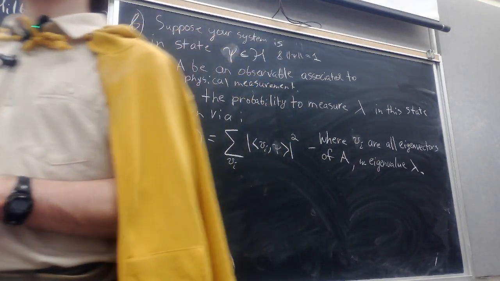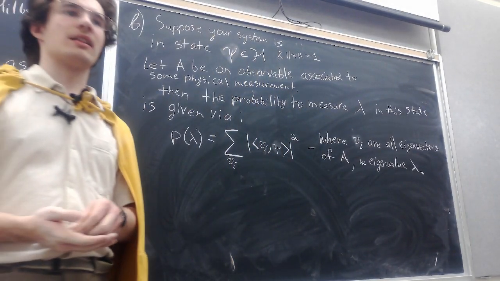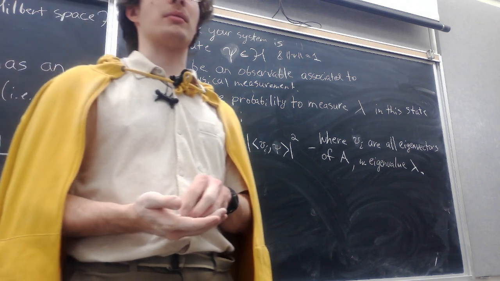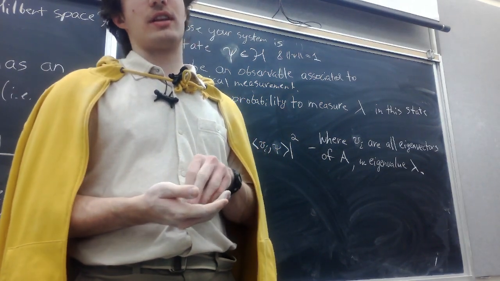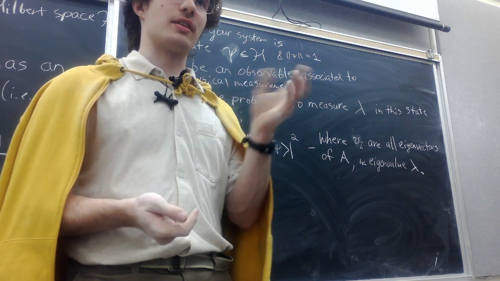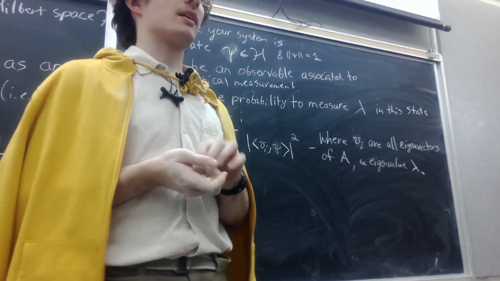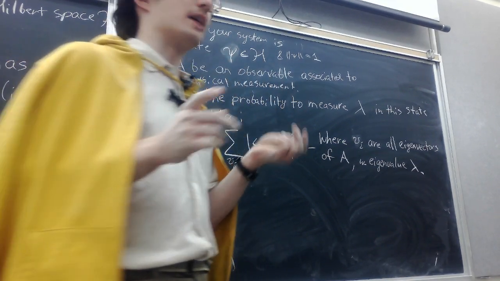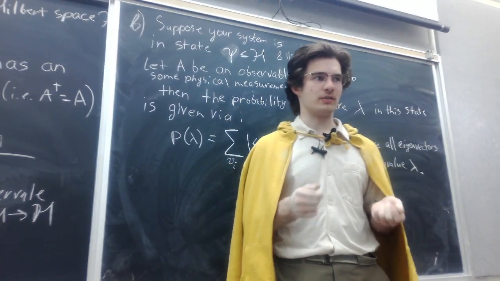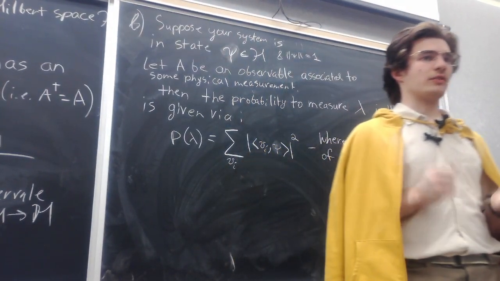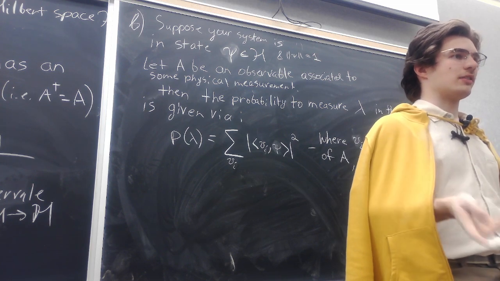Suppose you make a measurement to check if you're in state psi. If you're already in state psi, the probability should be 1, so the inner product of psi with itself should be 1. Suppose you had a physical measurement which checked if you're in state psi, and outputs 1 if you are and 0 otherwise.